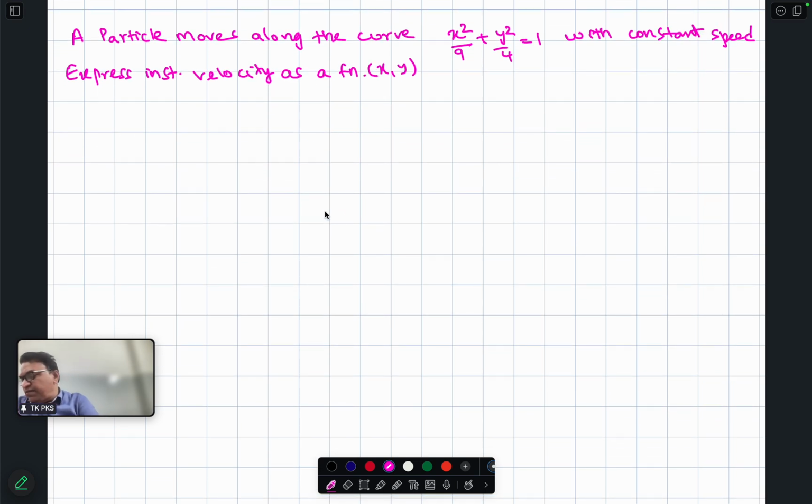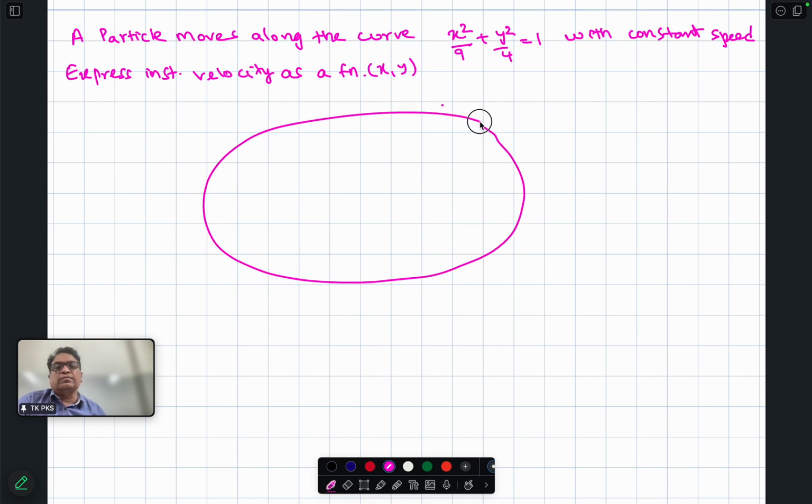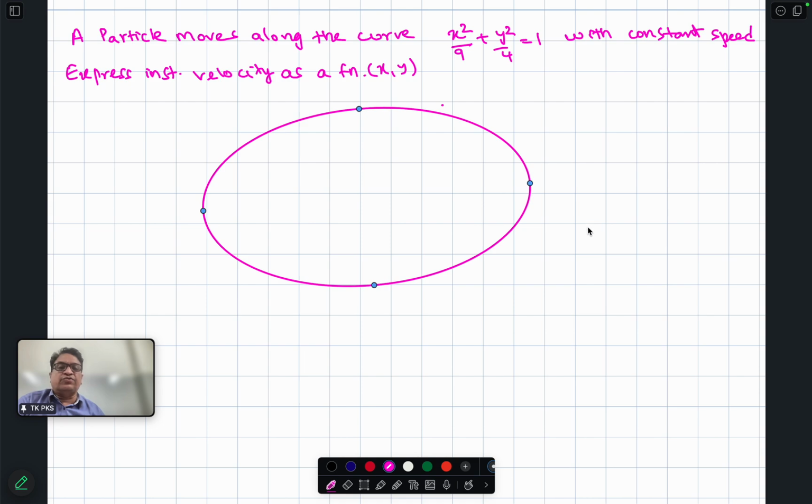Remember, it is actually moving in an ellipse, right?